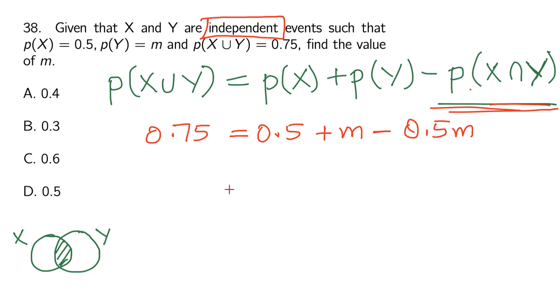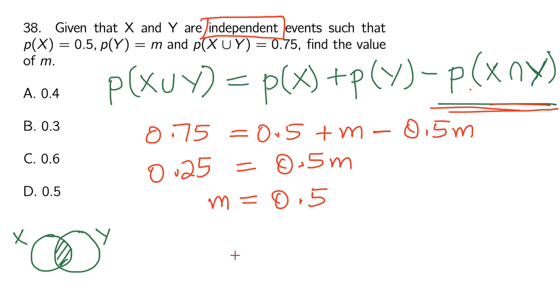So we now have this algebraic equation we have to solve, and we can go ahead and solve it. We have 0.25 equals 0.5 m. So what is m? m is now equal to 0.5. Well, that gives us that.